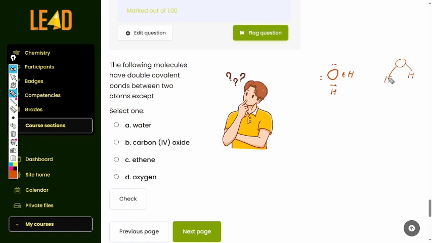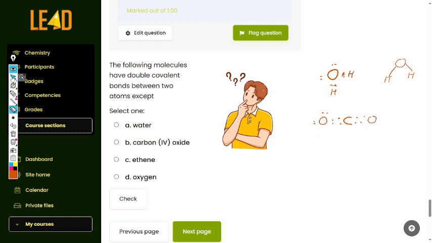So this is a single covalent bond. But for carbon dioxide, carbon has 4 electrons outside. So for the structure of carbon, the 4 electrons come this way. Then you have oxygen also sharing 2 electrons here. So this is what carbon dioxide looks like. Oxygen has 6 electrons, so 1, 2, 3, 4, 5, 6, and the 2 unpaired electrons of oxygen bond with carbon.